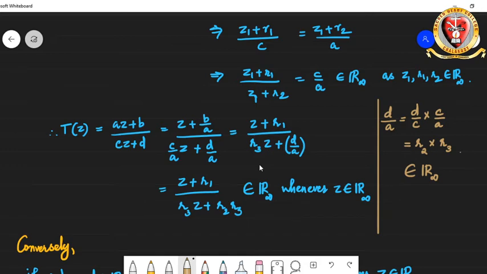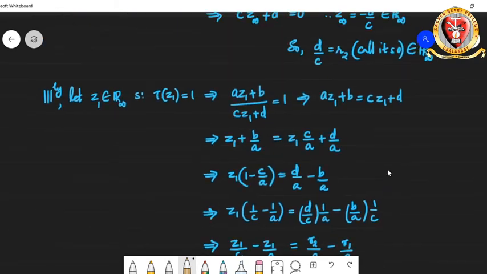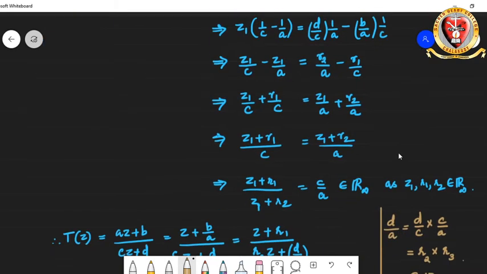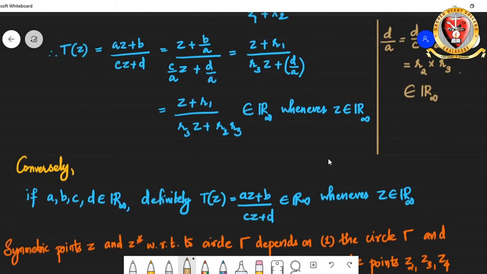So this will definitely be from R infinity, as we already said that Z is coming from R infinity. So actually we can maybe conclude it here itself, because in both ways we get to know that the if and only if condition is satisfied.